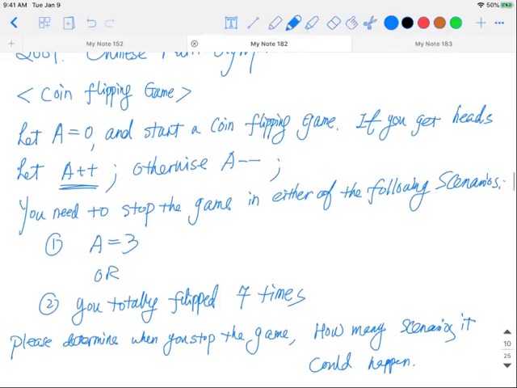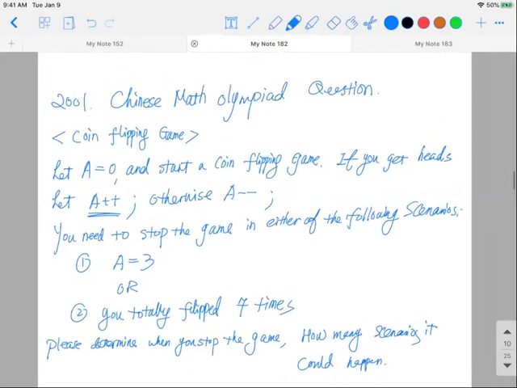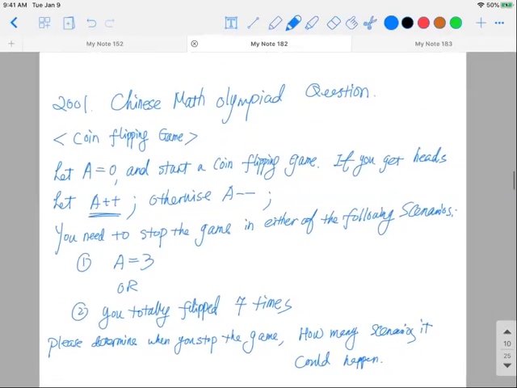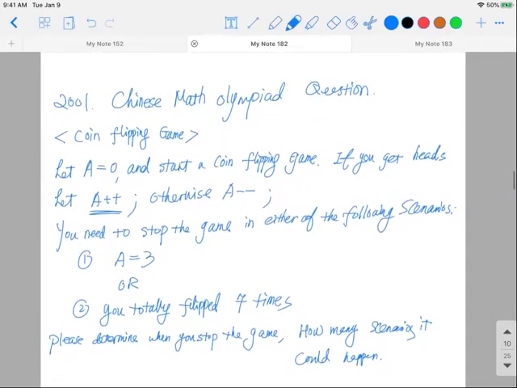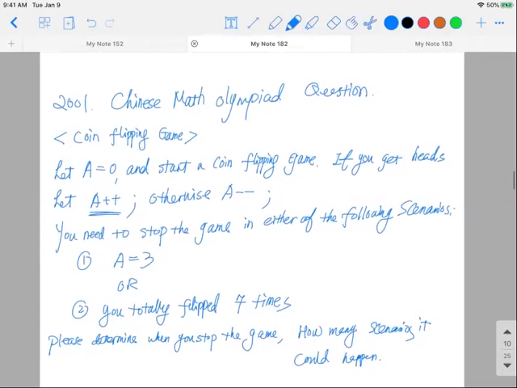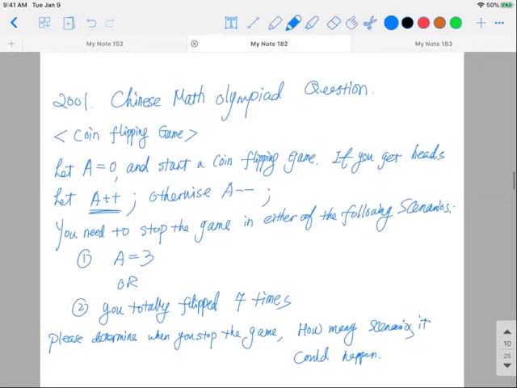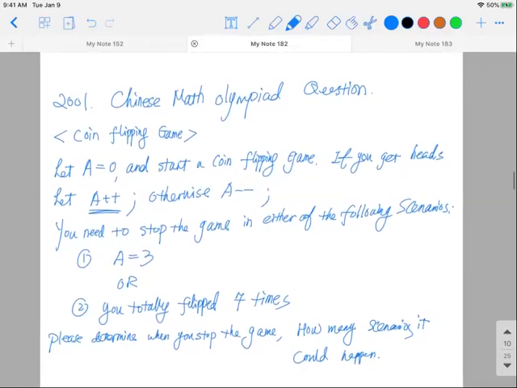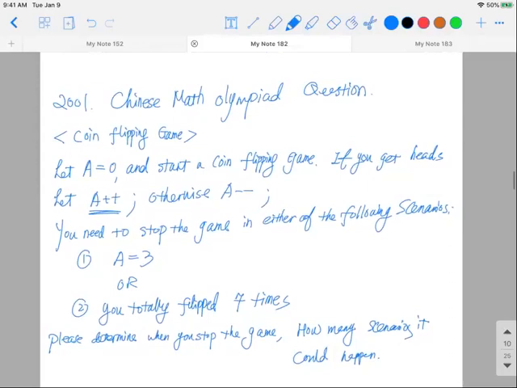Okay, I'll let you guys finish the writing. So this is a problem saying that you are basically playing a game. At the very beginning, you have your counter A equal to 0. You flip your coin. As long as you got a head, A plus 1. As long as you got a tail, A minus 1. You just keep doing that again and again.